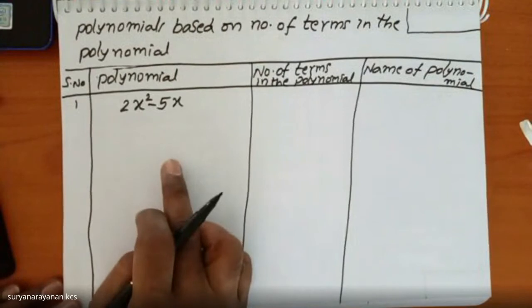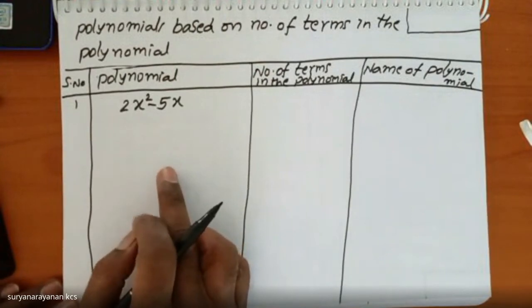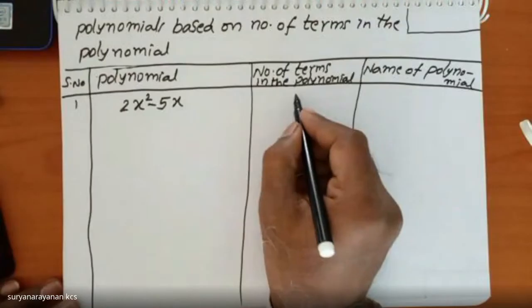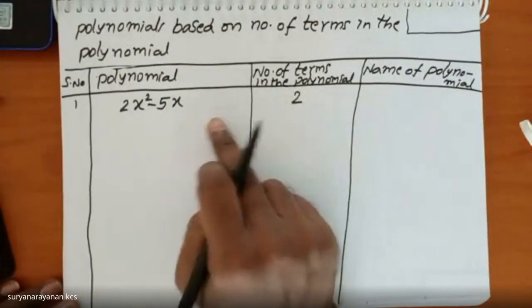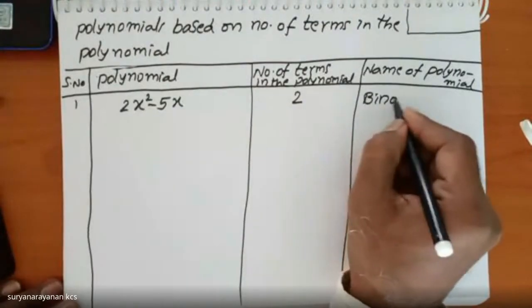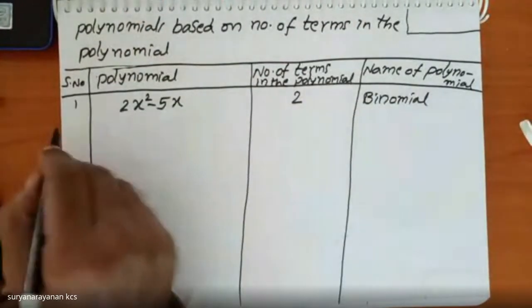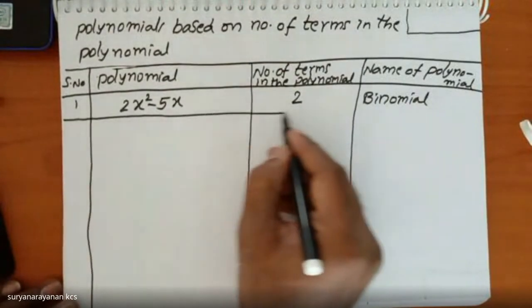How many terms are there in this polynomial? Two terms. So what is this polynomial called? Binomial. Very good. You have to remember these points, my children.